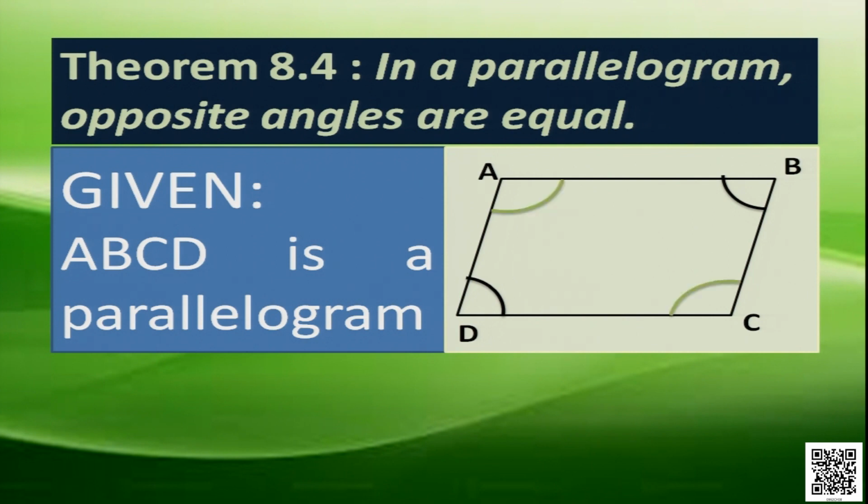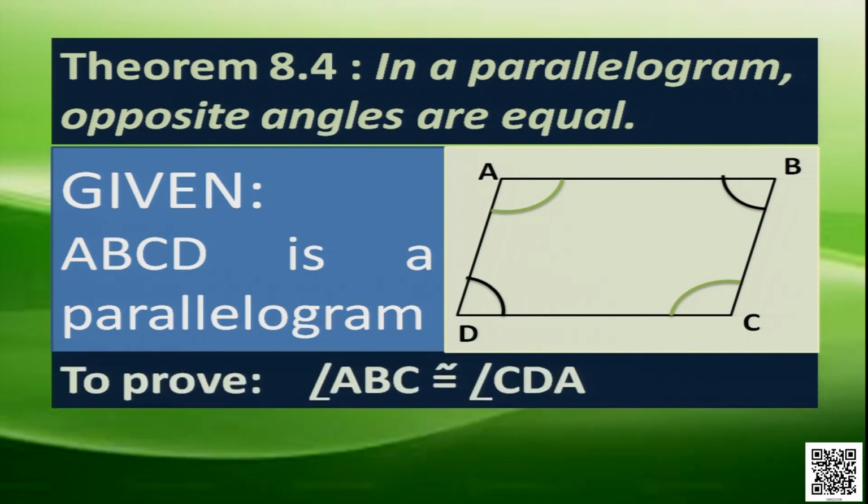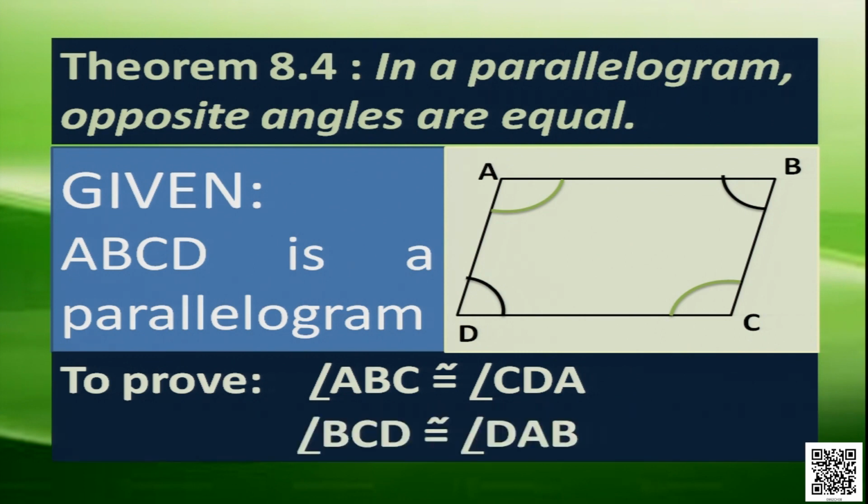These are angle BAD and angle BCD. So, we can write in two proof part that angle ABC is congruent to angle CDA and angle BCD is congruent to angle DAB. Let us see.